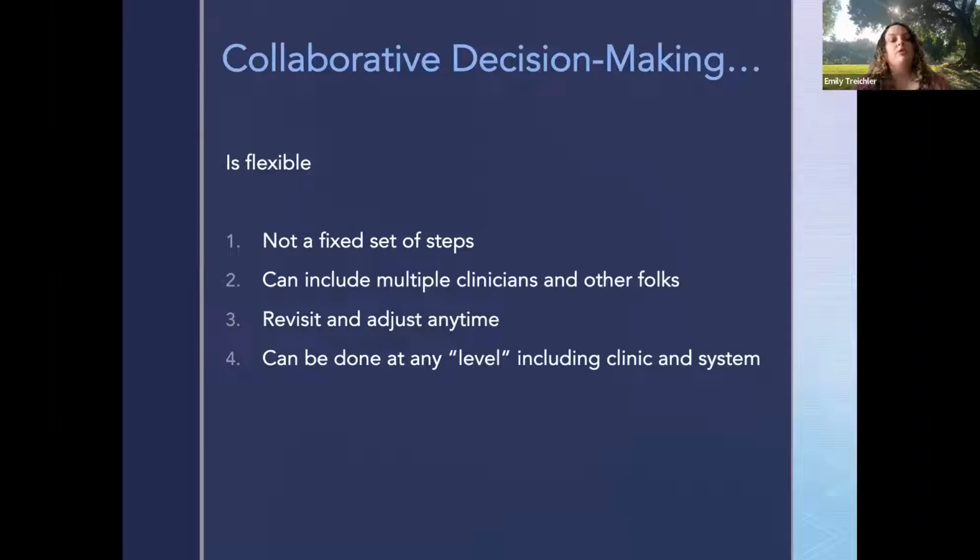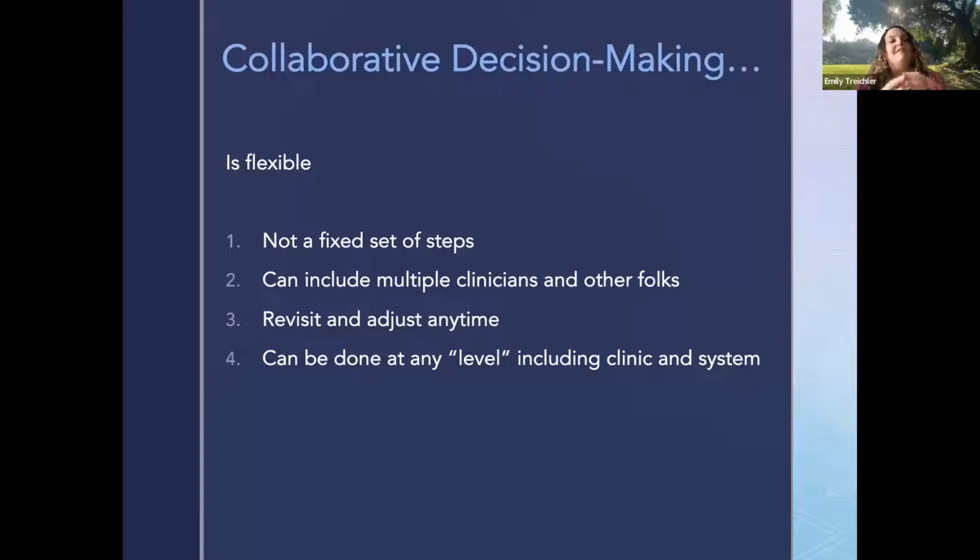And so we also want this decision-making process to be really flexible, to acknowledge that we can always revisit goals, we can always adjust decisions. And this is kind of a continuously evolving process rather than some fixed set of steps, again, that you do one time, you've made the decision, now it's set in stone.